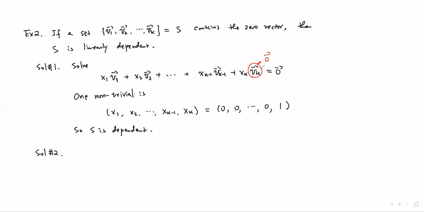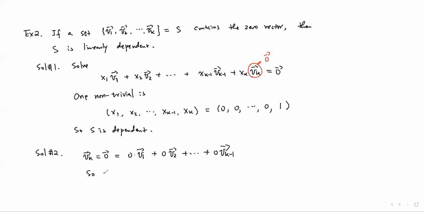Again, let me assume Vk is 0. Then I can write Vk as a linear combination of the other vectors. How? 0 is 0 scalar times V1 plus 0 times V2 plus 0 times Vk minus 1.